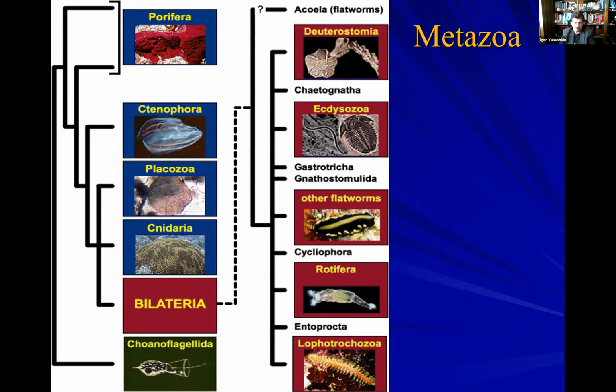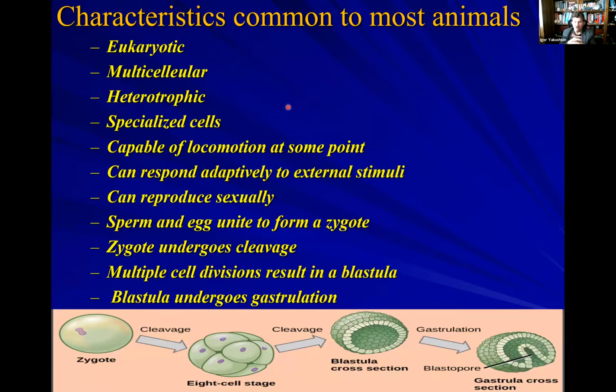So, in order to belong to the kingdom Animalia, to the kingdom of animals, all of them are eukaryotic organisms, meaning that cells have a nucleus, and membrane-bound organelles: mitochondria, endoplasmic reticulum, Golgi apparatus, lysosomes, etc. So all of those particular complex organelles.